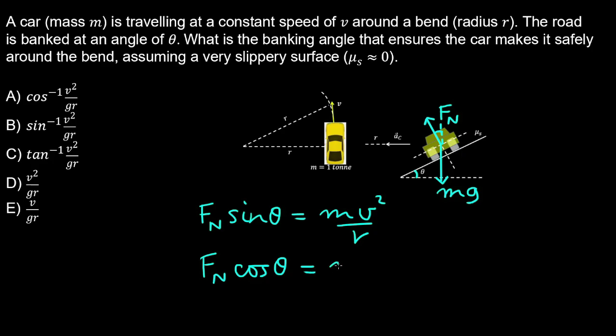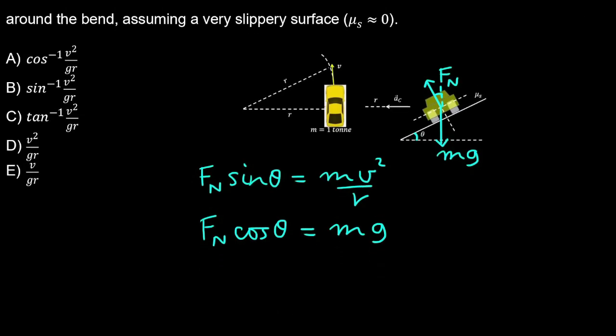So that's equal to mg. And if we divide the two equations, we get sine theta on cosine theta, which is tan theta, and that's equal to v squared on gr. And therefore, taking the arctan of both sides, the correct answer is C.